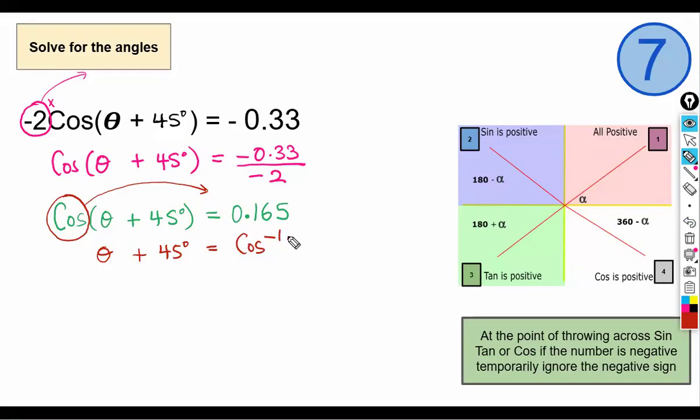Cosine inverse 0.165. Now, here's the thing. I have a theta and a 45 left on this side. The hostage taker, Mr. Cosine, is going across to the other side. So theta and 45 are free of their kidnapper, and they're having a little party on that side.